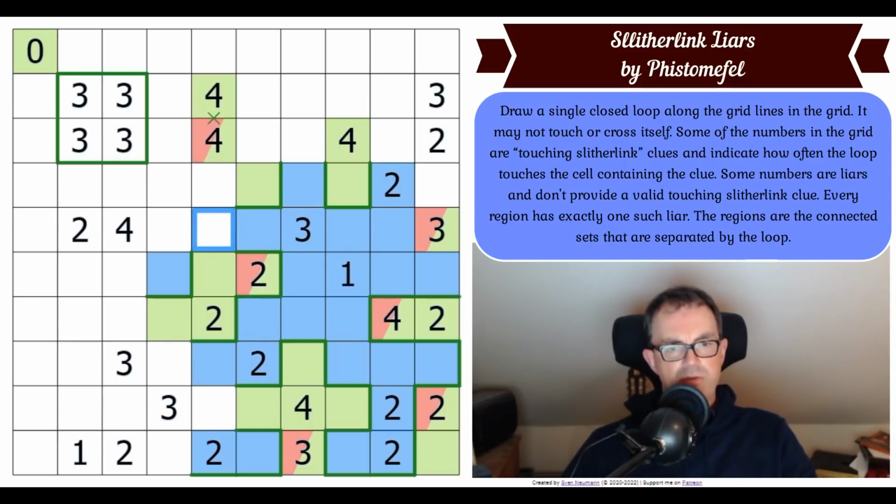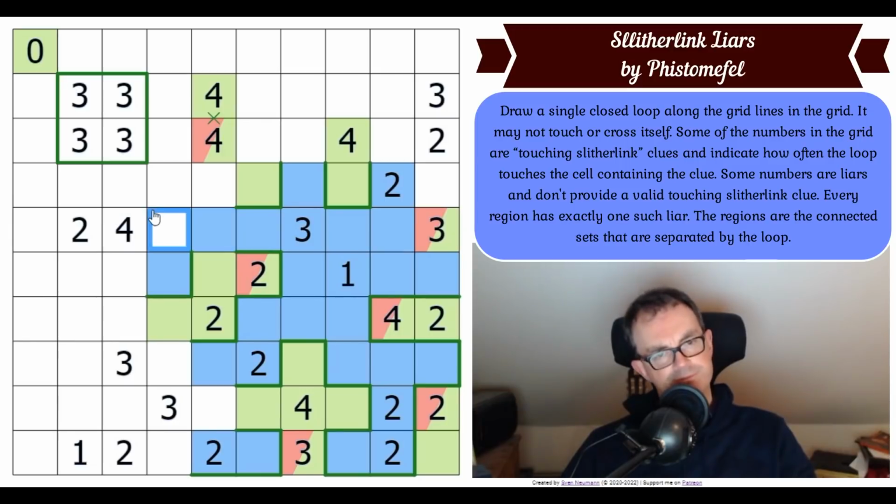And again, let's just prove that to ourselves. If we do this line segment, I'm saying that there's no way to keep these greens apart now. The only way would be to try and put this into the grid, but this loop causes the loop to connect. Yeah, that is good logic.